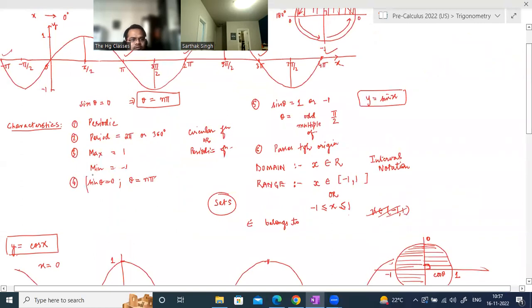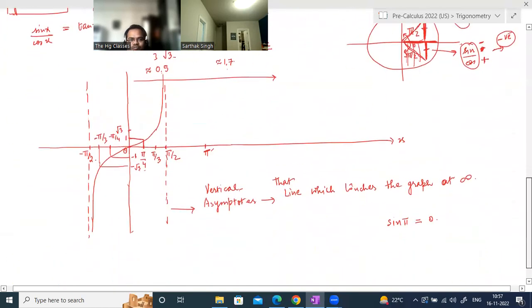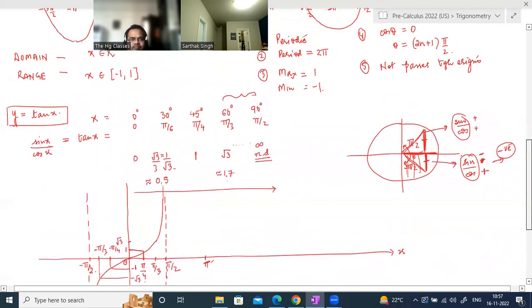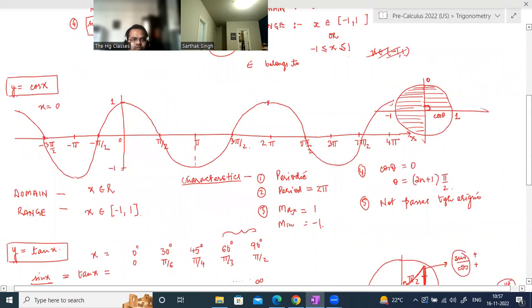Every multiple of pi, right? So there is one pi here. So sine will be 0 and what will be cos pi here? Cos pi is negative 1 from the above graph. Cos pi was negative 1, right?